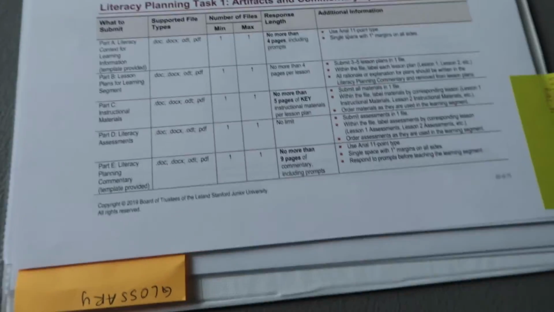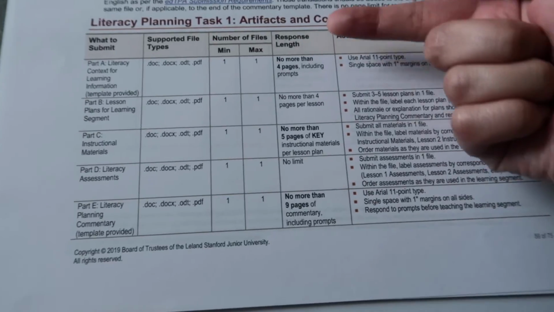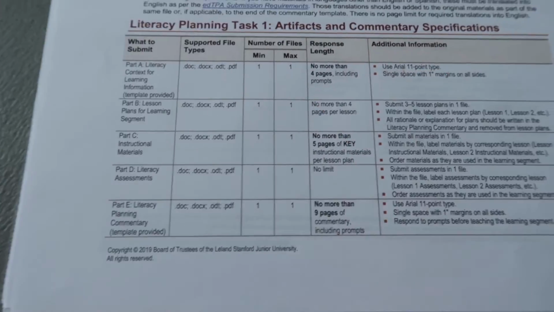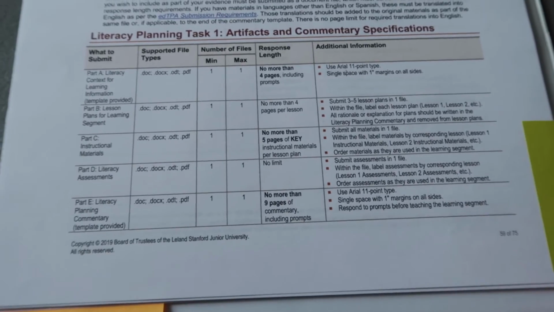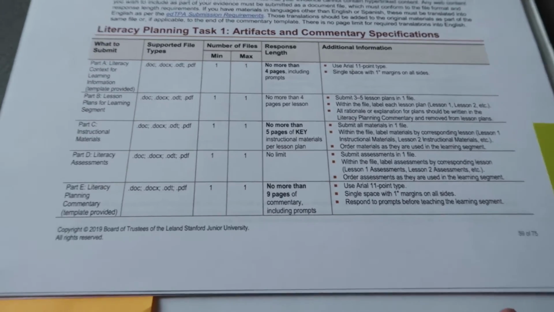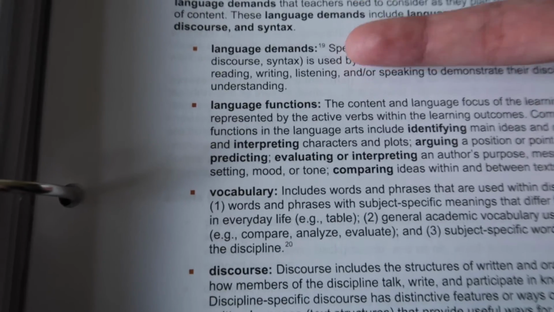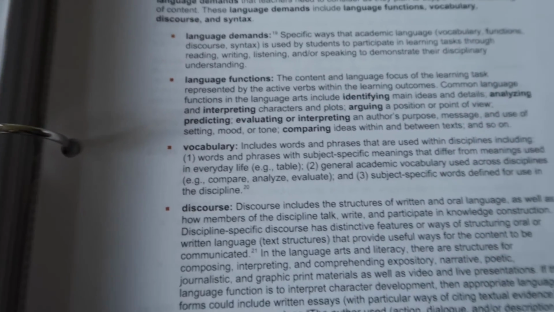So for task 1, these are the things that we need to submit, making sure that I have everything and not miss anything. And then I have the glossary because there are certain words in the edTPA that I didn't understand, like language demand, language functions. I had no idea what those meant. So make sure you have a Post-it note for glossary as well because you're going to need them.